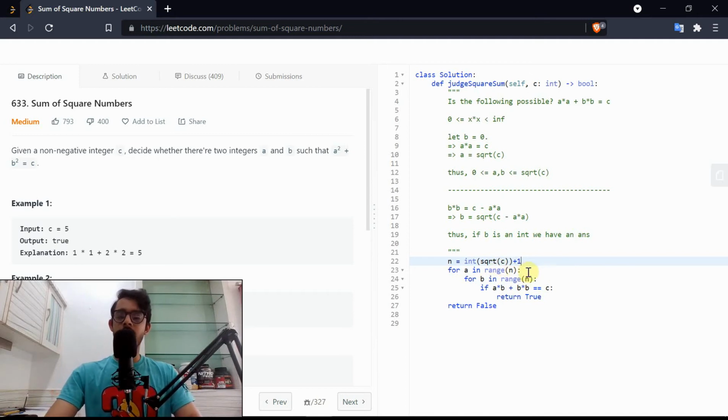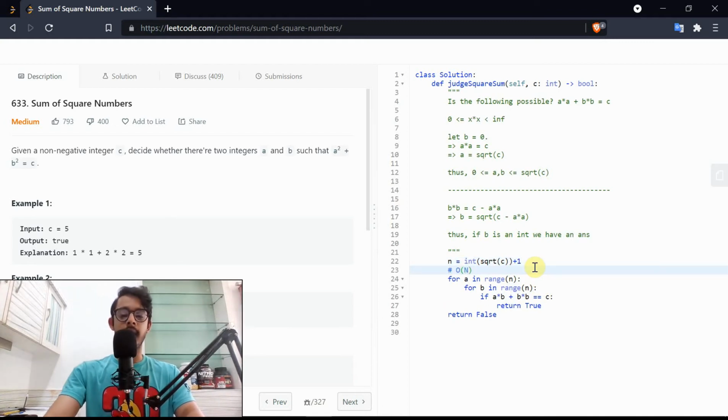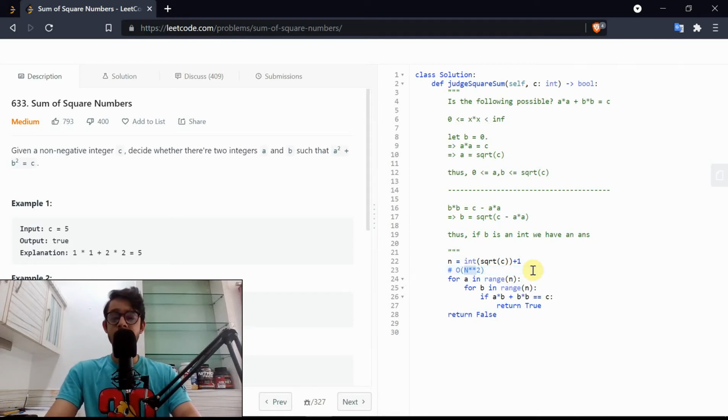Look at a range of n and another range of n nested within it, which means it's going to be order of n squared. But what is n? n can be at maximum the square root of c. So we're looking at the square root of c squared, which is what? Just c. So this entire solution runs in time order of c.